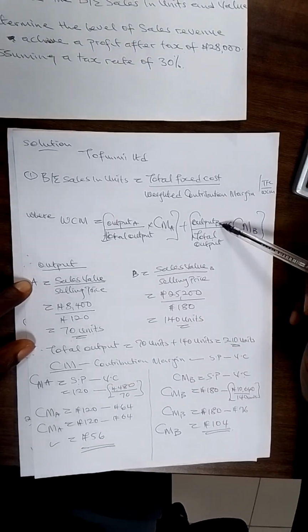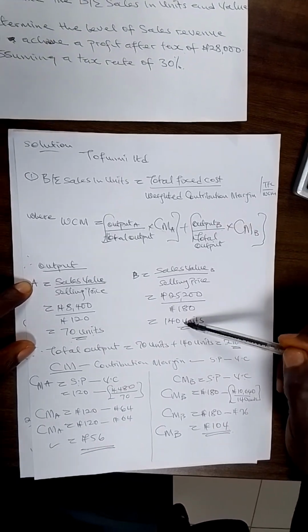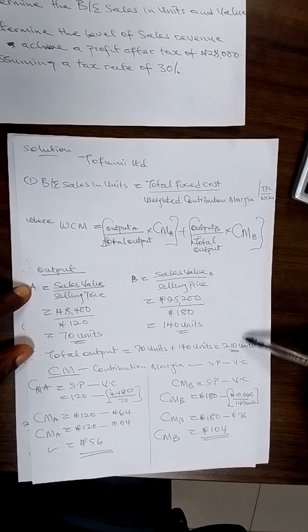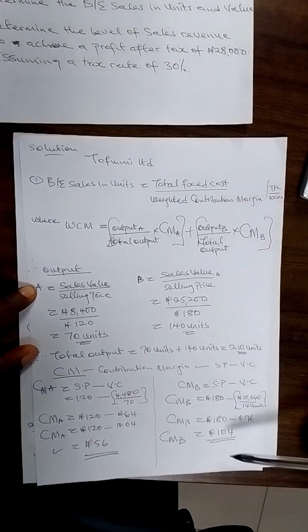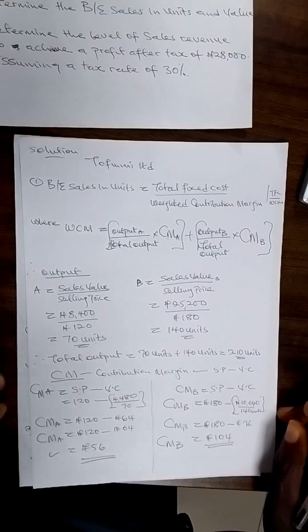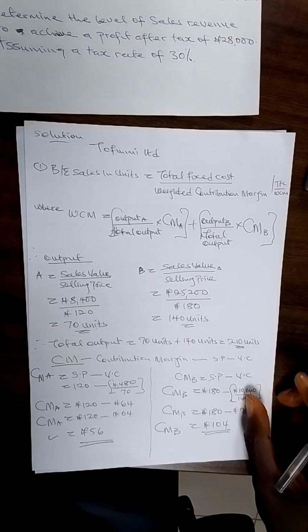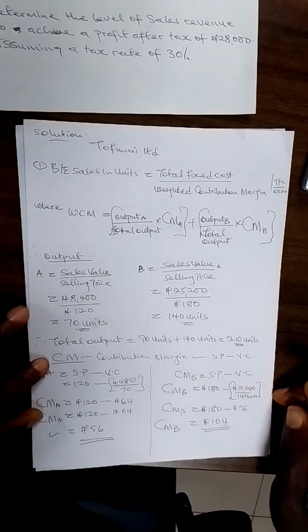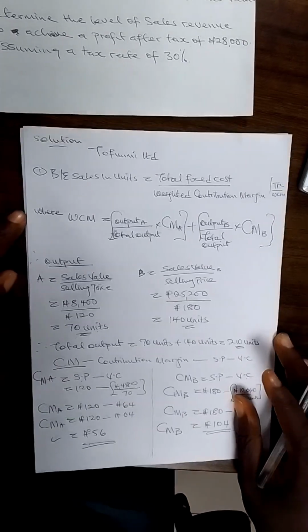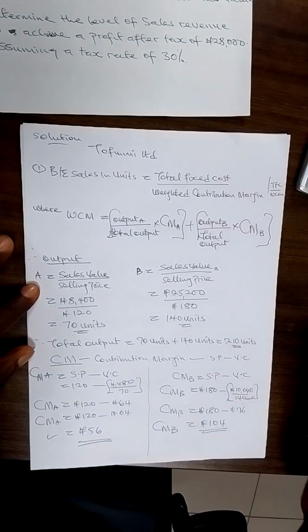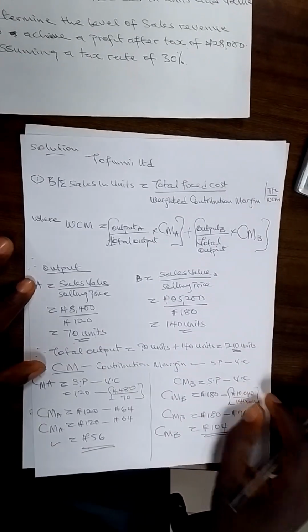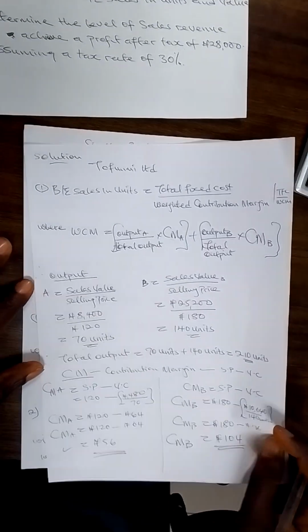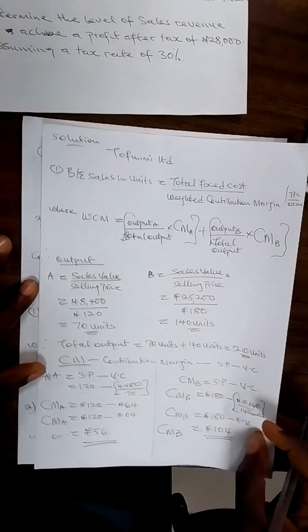Then output B, which is 140, total output 210, contribution margin of B is 104. So we can insert all these values into the formula. So let us move to the next stage.